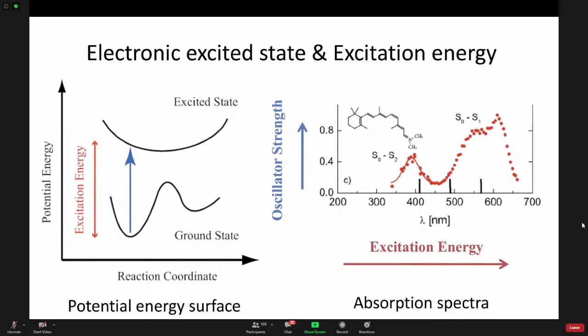Another thing is this is about a molecular property. So excited state energy is an important property because it corresponds to the absorption spectra, which is what kind of light the molecule absorbs. The energy difference between the ground state and excited state will be the wavelength of the light which will be absorbed.